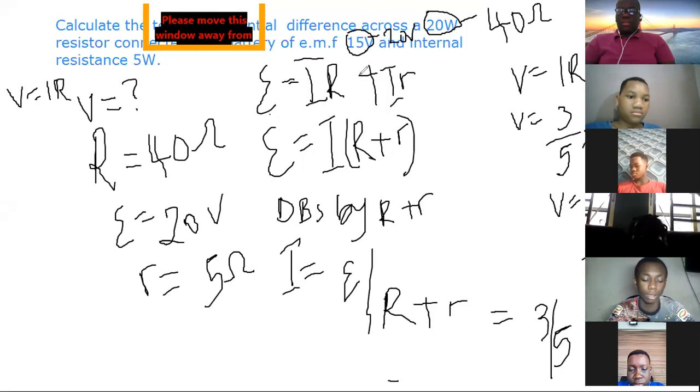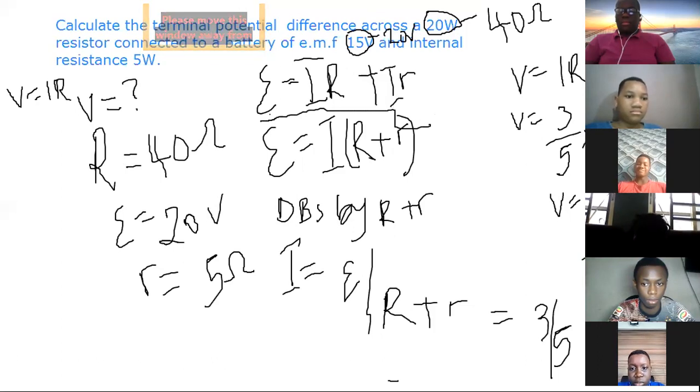Okay. Finally, the guy has responded by getting the answer. The guy knows himself, I guess he's even smiling. Okay, I said we are going to use this formula: the EMF is equal to IR plus Ir.